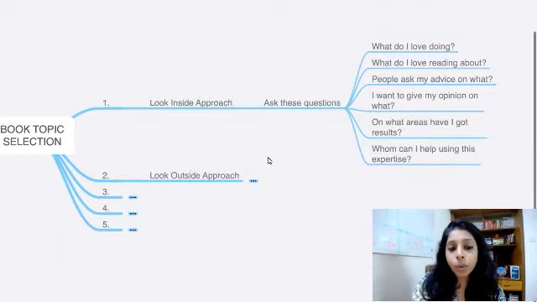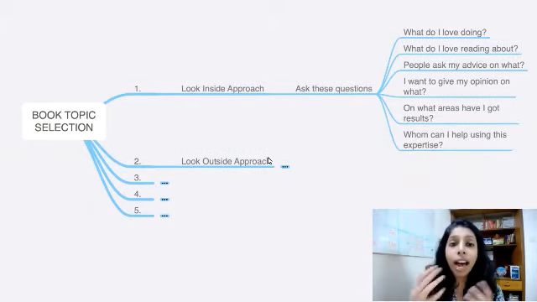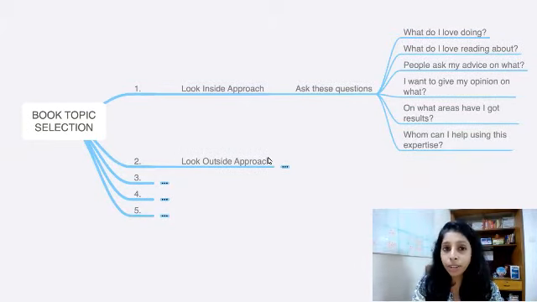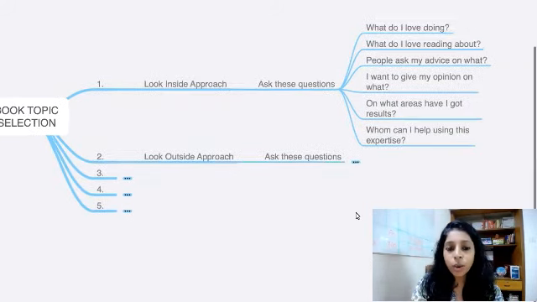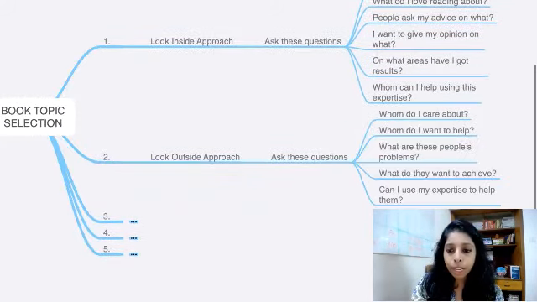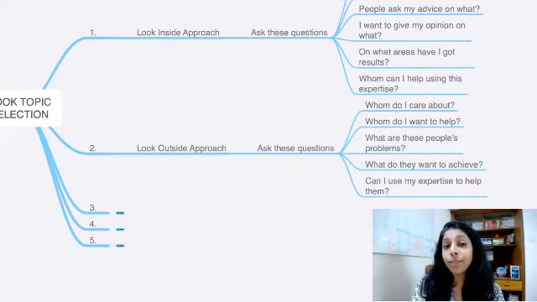The next approach, the next step, is called the look outside approach. So what you're going to do here is ask a different set of questions, but now it's all based on what you see outside. Okay, so these are the questions you're going to ask yourself. The first question itself is, whom do I care about? Which are those set of people whom I feel closely connected with?